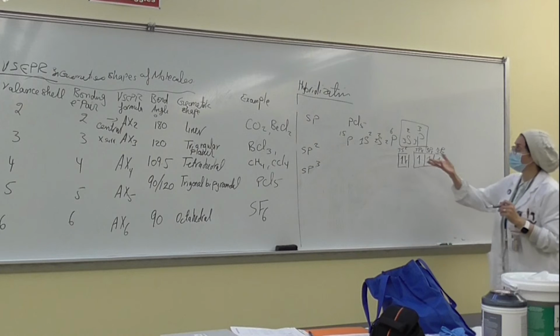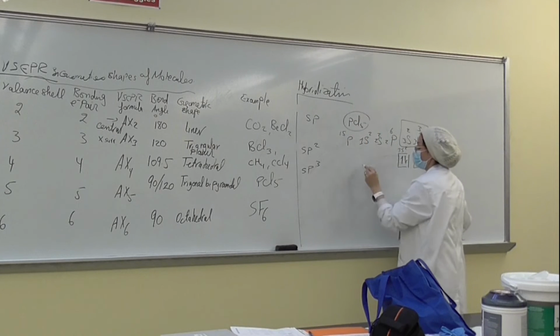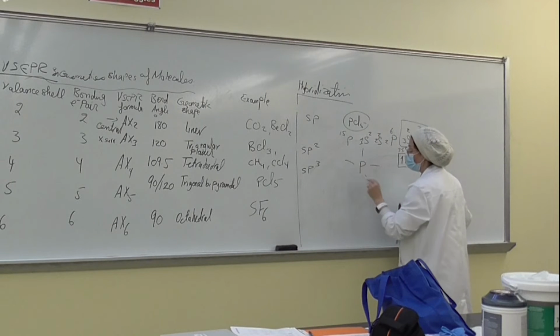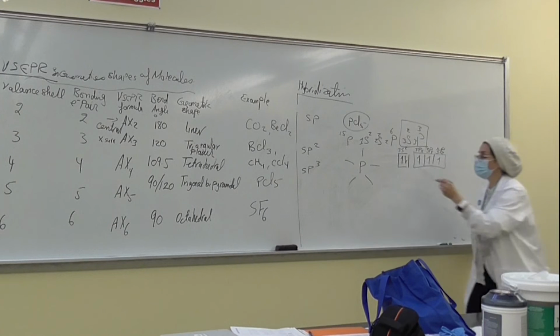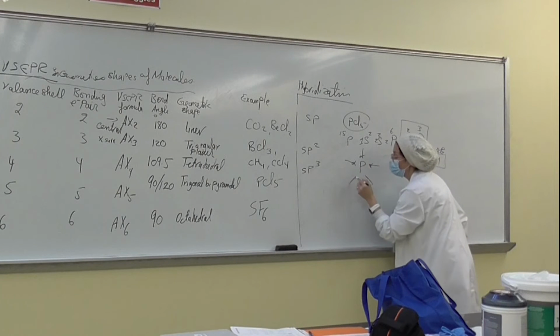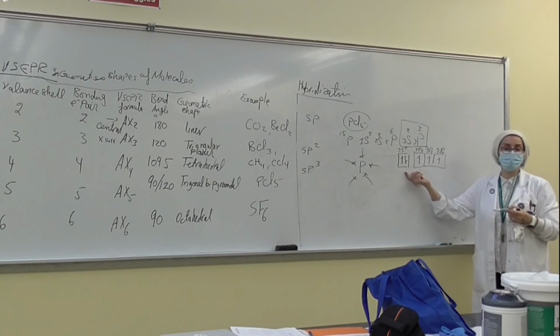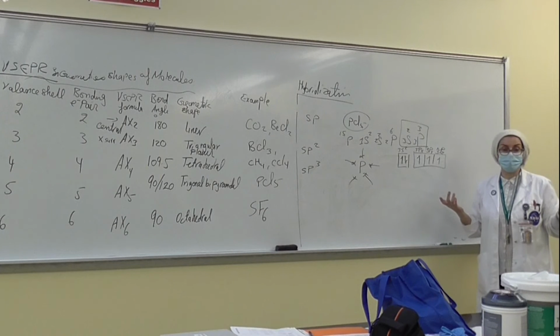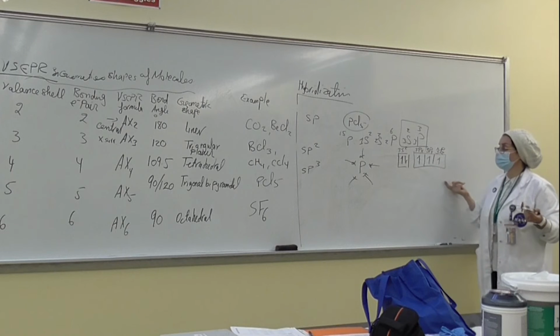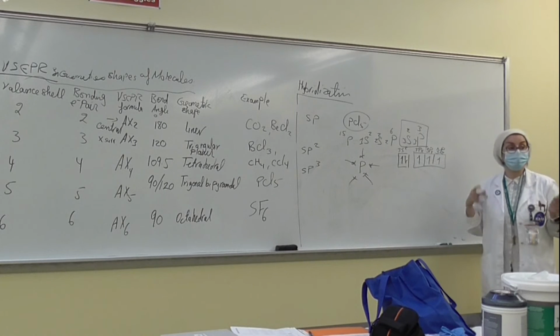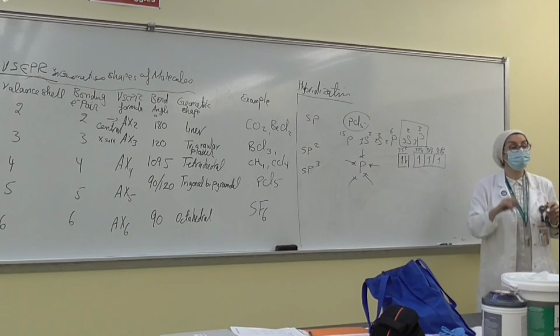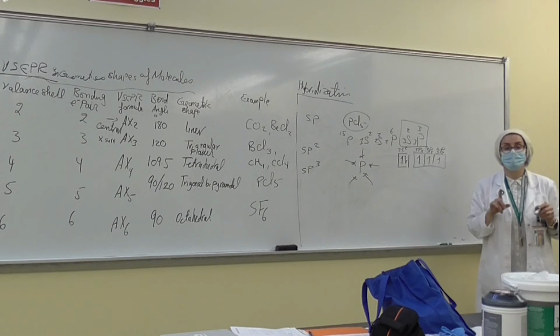All right, but the phosphorus is surrounded by 5. That means it needs 5 single electrons. We cannot accommodate 1 pair. So how many do we need total? We should have total 5 single electrons.